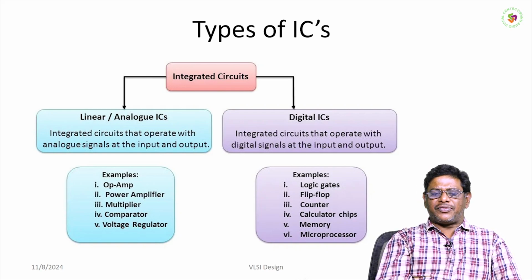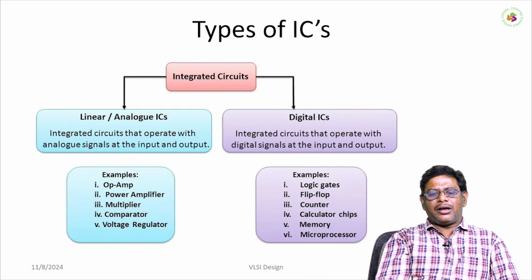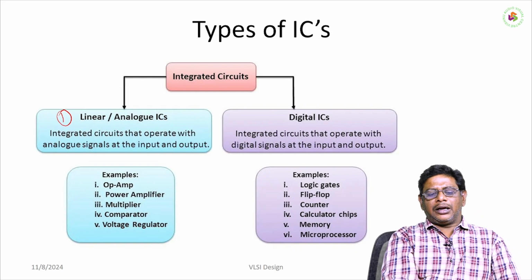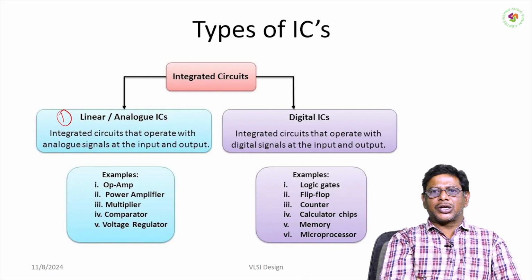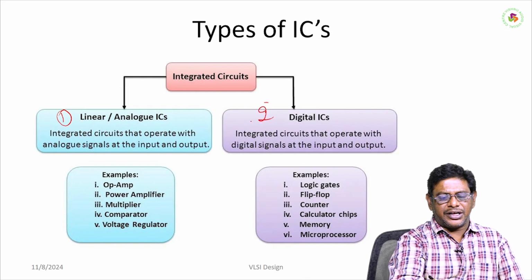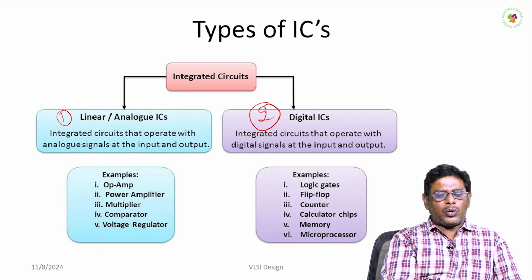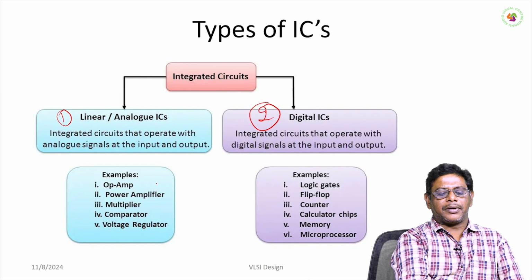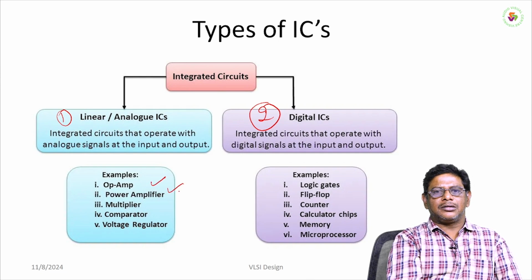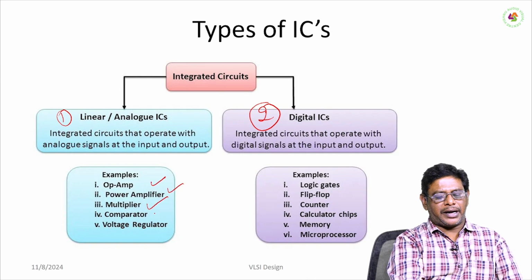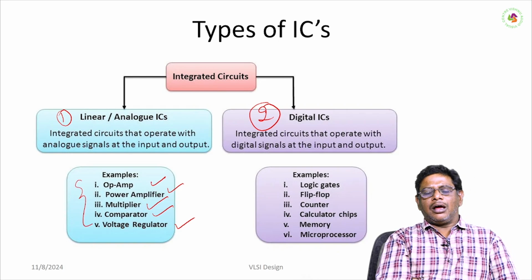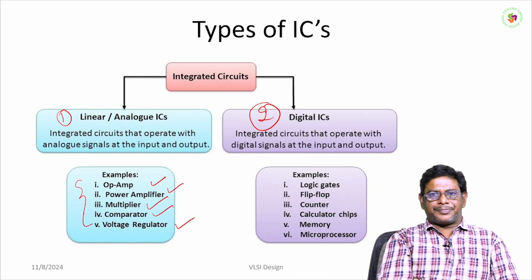And coming to types of integrated circuits, we can classify them basically into 2 types. The first one is the linear or analog integrated circuit. The second one is the digital integrated circuit. Examples of linear integrated circuits are op-amps, power amplifiers, multipliers, comparators and regulators. All these come under linear or analog models, where the input is in the form of voltage.